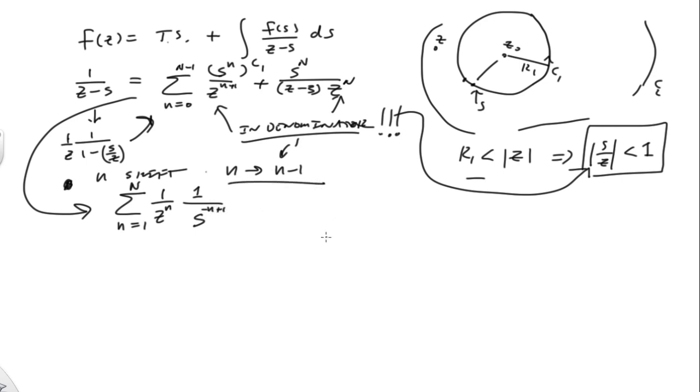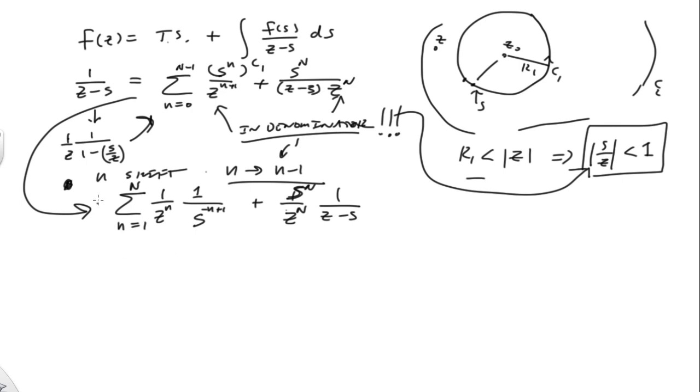And that's just a little housekeeping. I know it's a bit complicated, but if you sort it out, you can find out what it is. And then this other term here stays the same, z to the n over capital S to the n, all over z minus s. Okay.